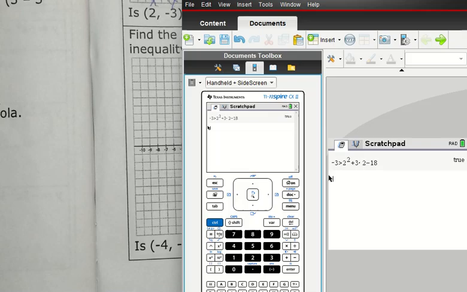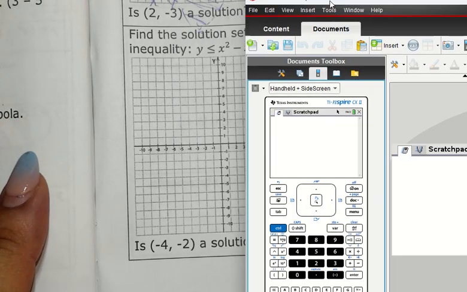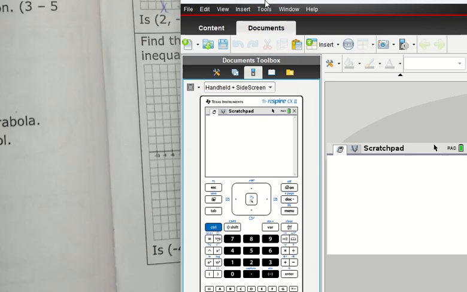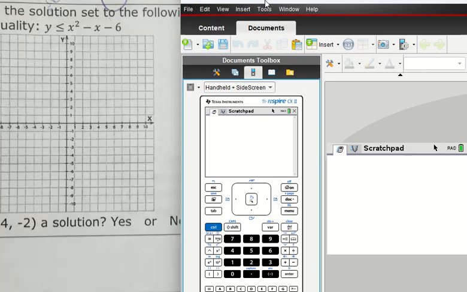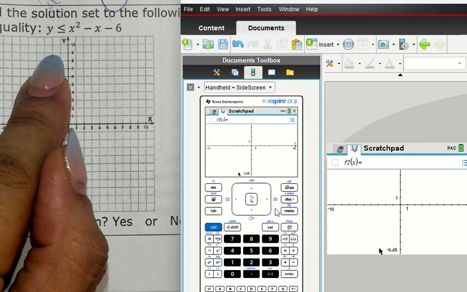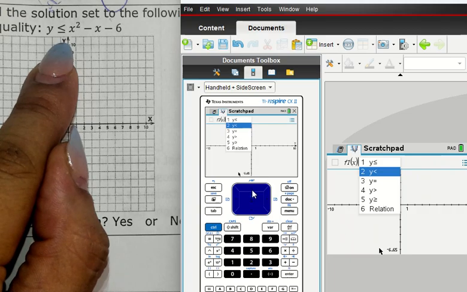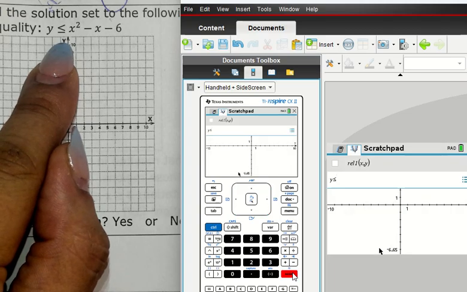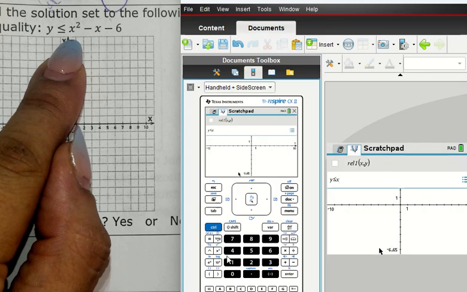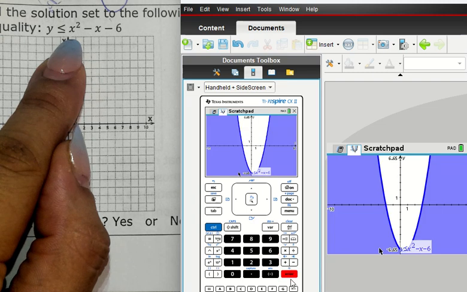I'm just going to speed through this one, so I'll clear it, and then we'll type it. So y, I'm going to delete it, and less than or equal to x squared minus x minus 6.